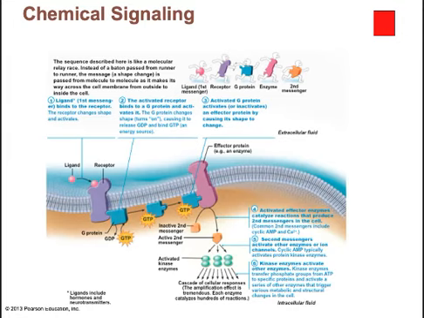In a G protein, what we see is something known as a signal cascade. The ligand binds an integral membrane protein, causing it to change shape. In the case of the G protein, at that point it will be induced to kick out a bound GDP and bind a GTP, which is an energy molecule.